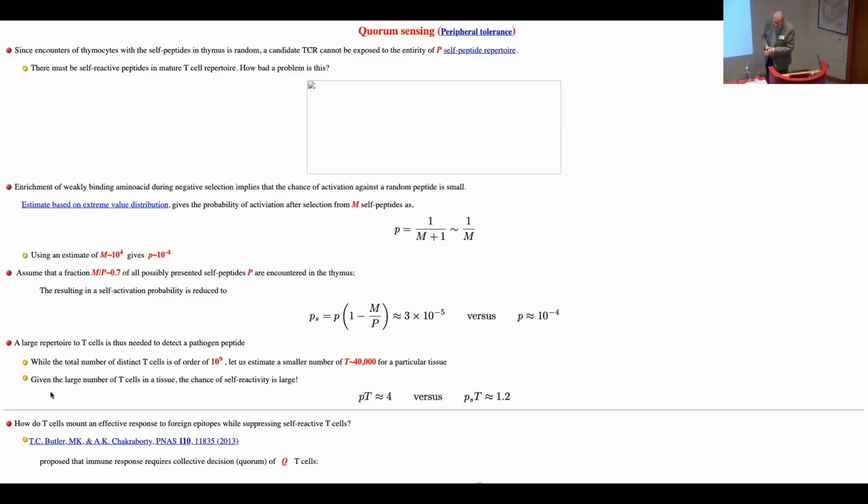And if you are presenting 6 million different possible genes, it is impossible that a particular T cell would have seen every single one of them. So inevitably, some of the T cells that come out of the thymic selection process have never seen some combination of self-peptides.